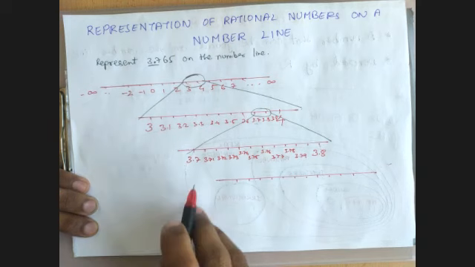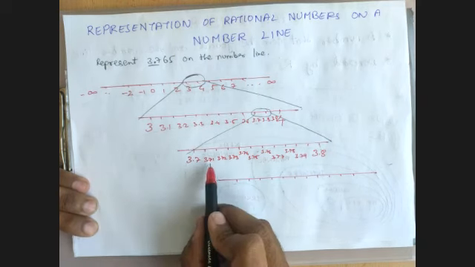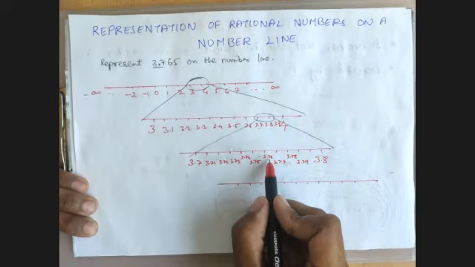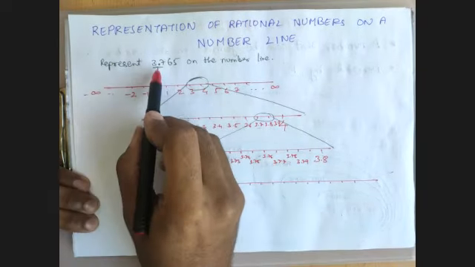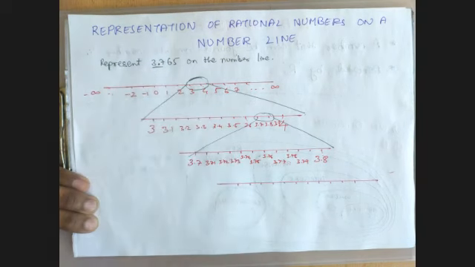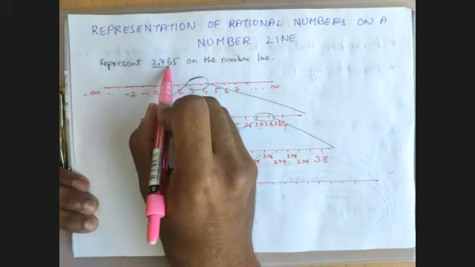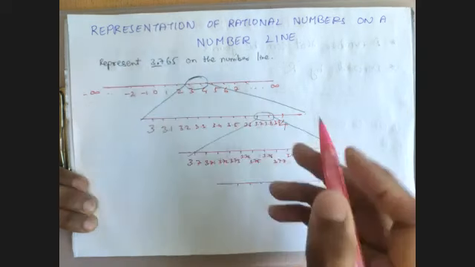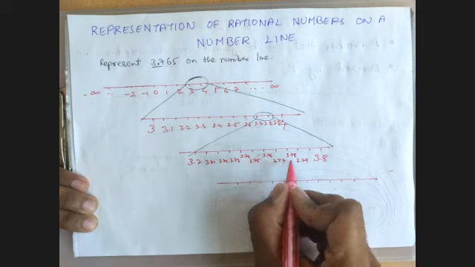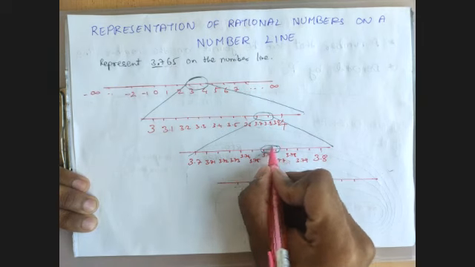I want 3.76, but the number I want is 3.765. So the number is greater than 3.76 and it lies between 3.76 and 3.77. So the number lies in between here.